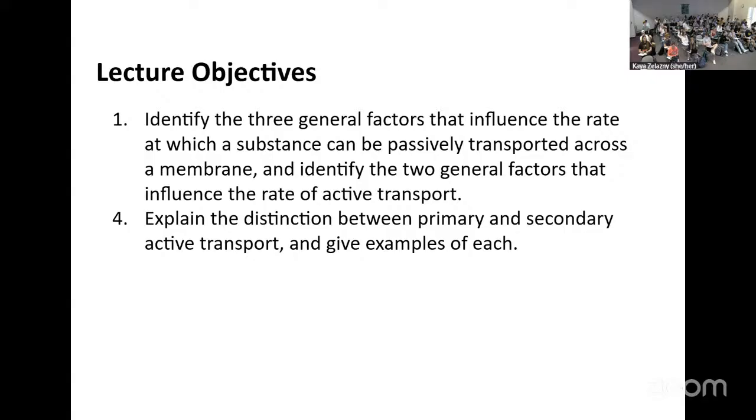Okay, so we had talked about simple diffusion and how we can have something that just diffuses directly across the lipid bilayer. Those are going to be things that are non-polar, hydrophobic in general. So they're going to be going really just down a concentration gradient, because our electrochemical driving forces are really specific to ions.